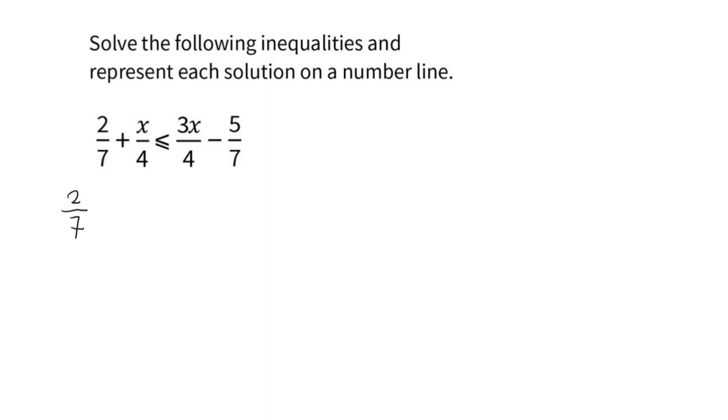Using the same idea previously taught, I am going to minus 2 over 7 on both sides of this inequality. So I still have my positive x over 4 here, and my negative 5 over 7. I'm going to minus 2 over 7.